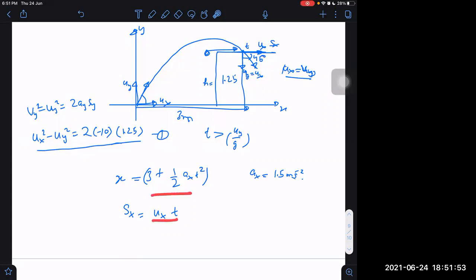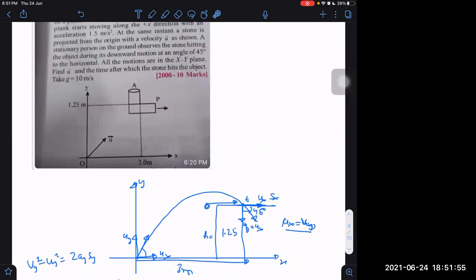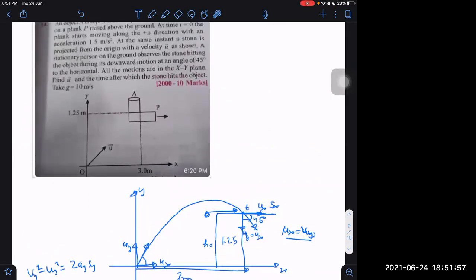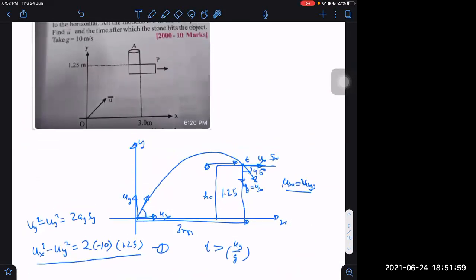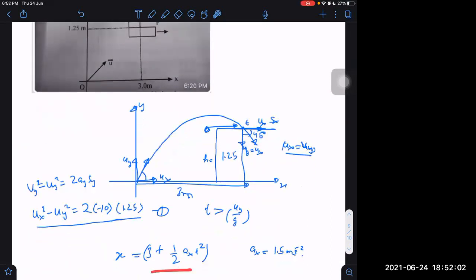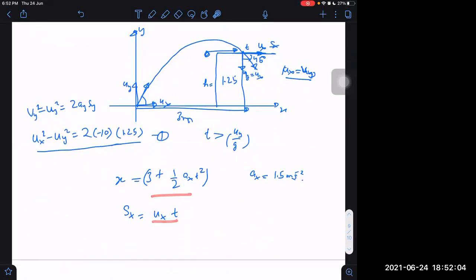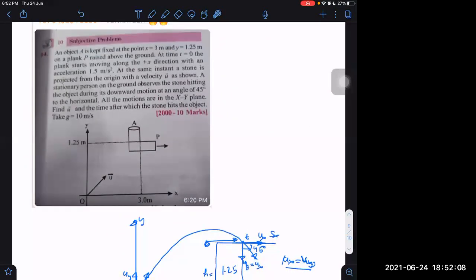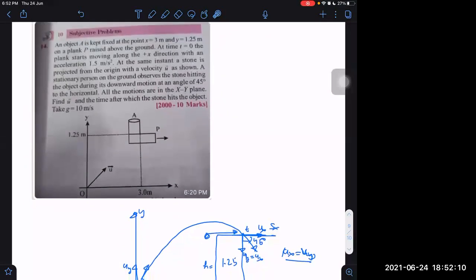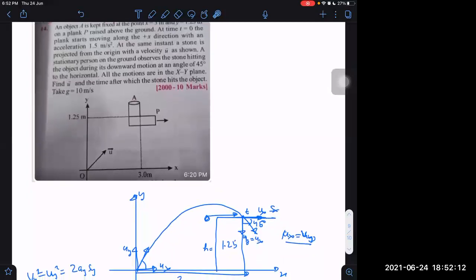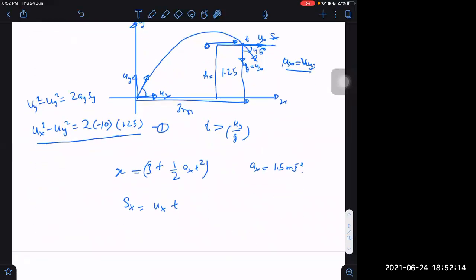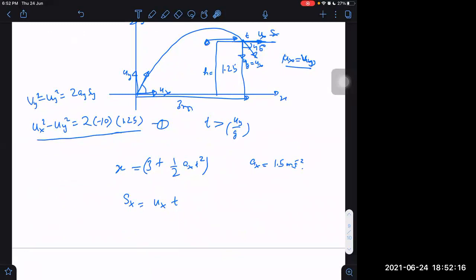This I am equating with this. I think this will be a sufficient equation now. Let us count. One equation, this one.